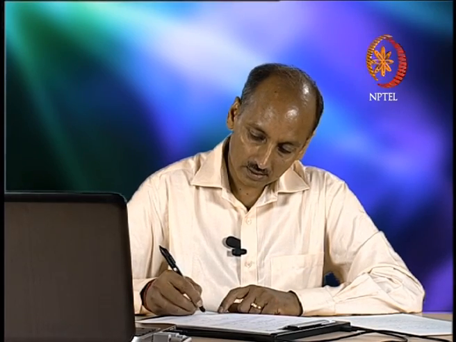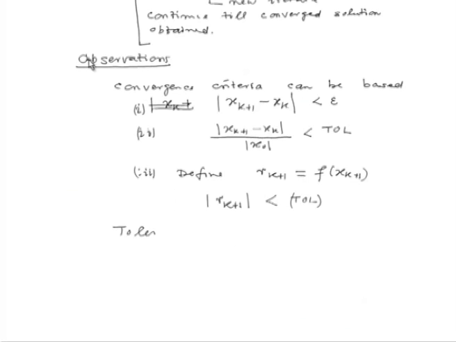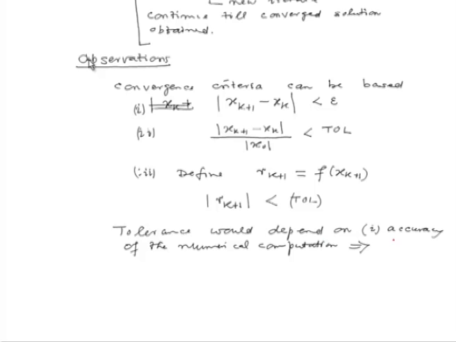Now, the magnitude of the tolerance would depend on our application, as well as these tolerances would depend on, first thing is the accuracy of the numerical computations, and this is governed by what we call the precision of floating point computations.